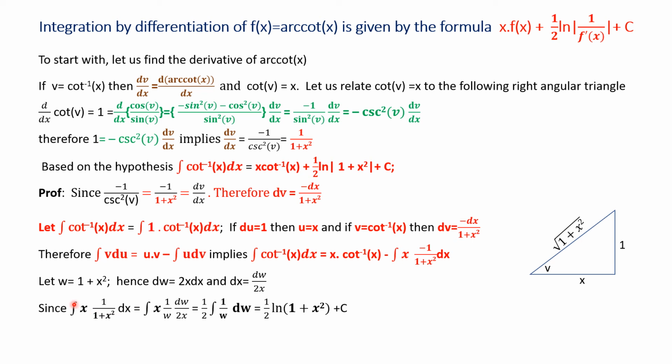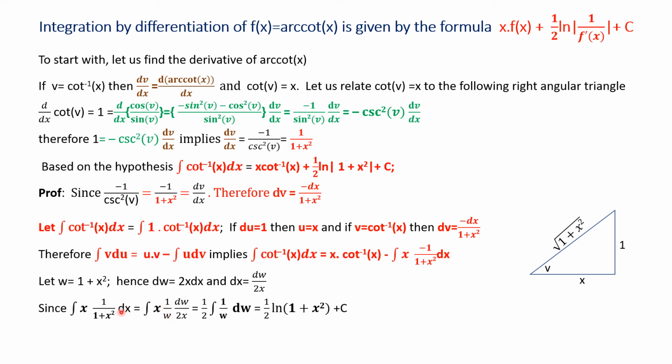Since integration of x multiplied by 1 divided by 1 plus x squared can be done using integration by substitution, we will substitute w instead of 1 plus x squared. So the integration will be x multiplied by 1 divided by w.